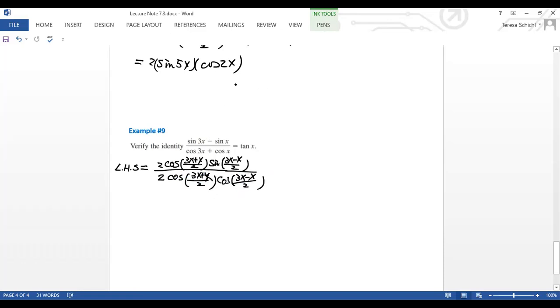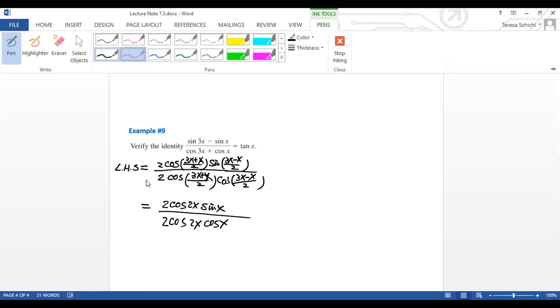Now let's simplify it a little bit. On top, it's 2 cosine of 4x over 2, which is 2x, times sine of 2x over 2, which is sine x. On the bottom, it's 2 cosine of 4x over 2, which is 2x, times cosine of 2x over 2, which is cosine x.